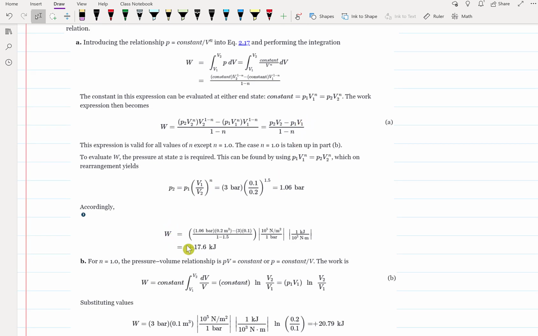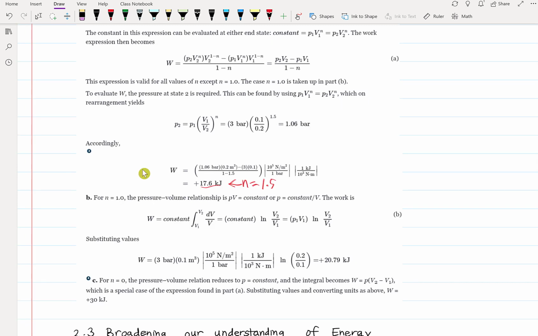So work can be calculated when n is 1. When the exponent n is 1, we are still using the same expression, P dV, and PV is constant.